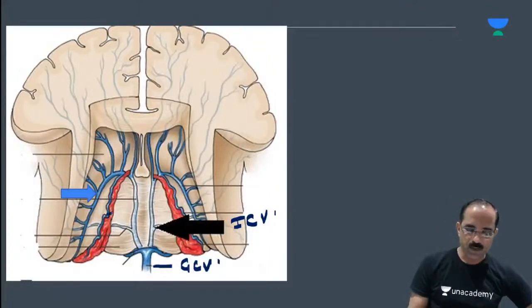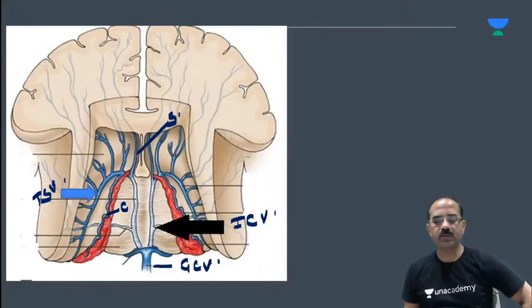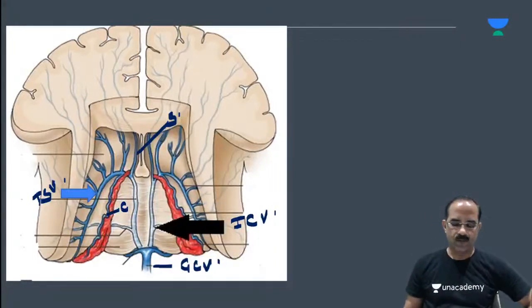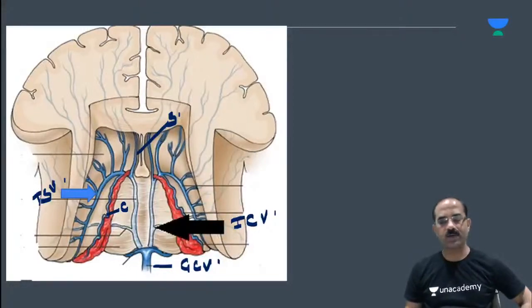And what is this vein? This is the choroidal vein. This is the thalamostriate vein, and this is going to be the septal vein. Septal vein, thalamostriate vein, choroidal vein join to form the internal cerebral vein. Two internal cerebral veins join to form the great cerebral vein of Galen.